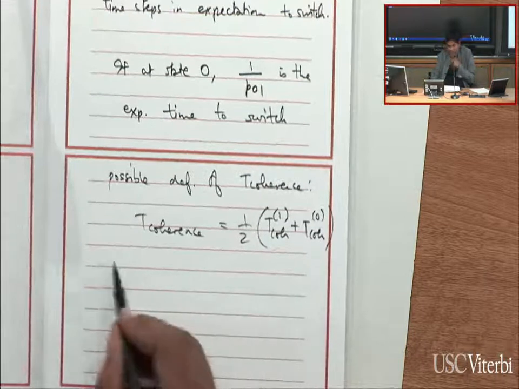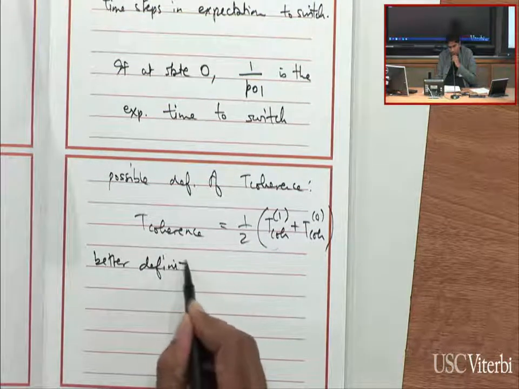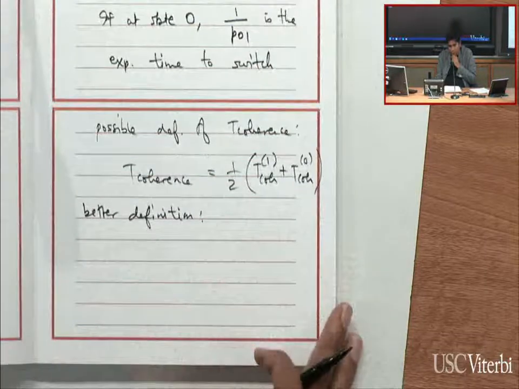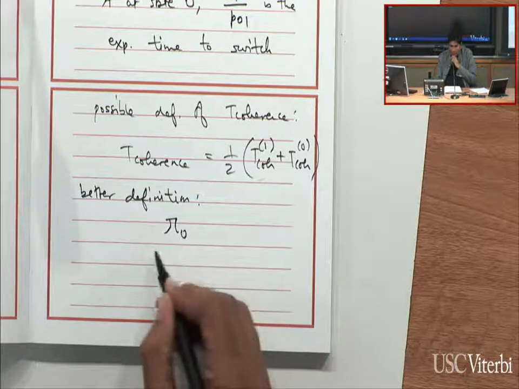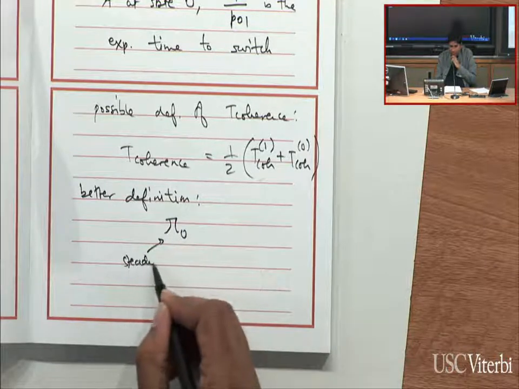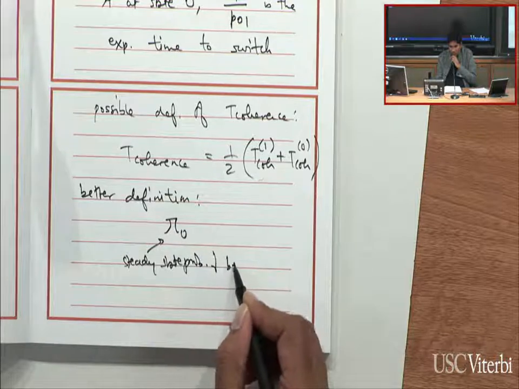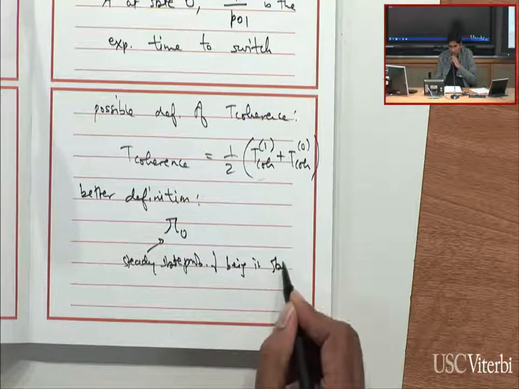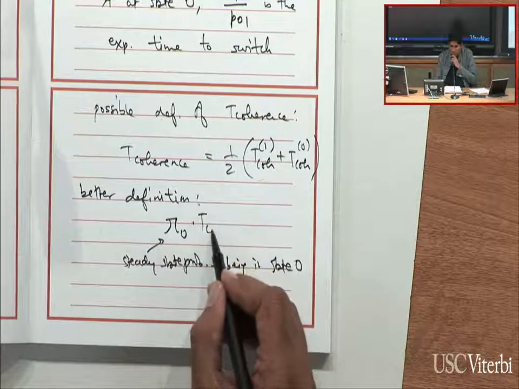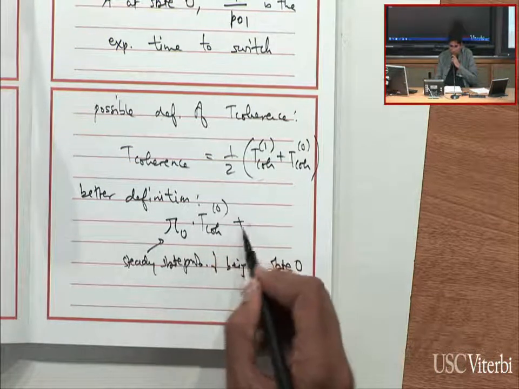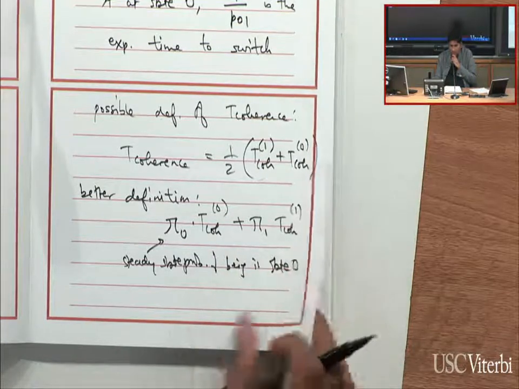So probably a slightly better definition, which gives them the two values the right weight, would be with probability pi 0, where that's the steady state probability of being in state 0, pi 0 times T coherence for 0 plus pi 1 times T coherence for state 1.